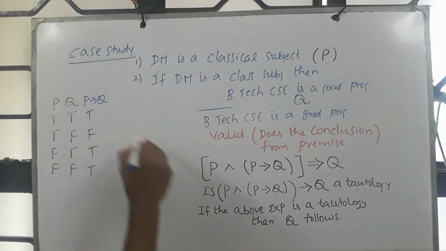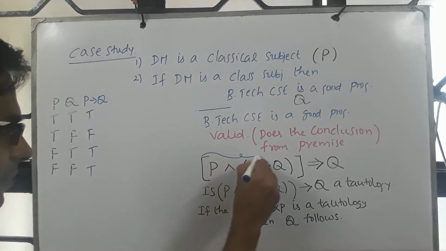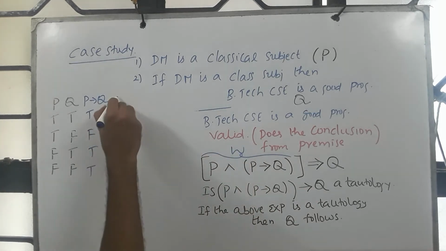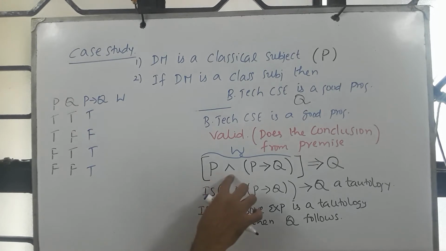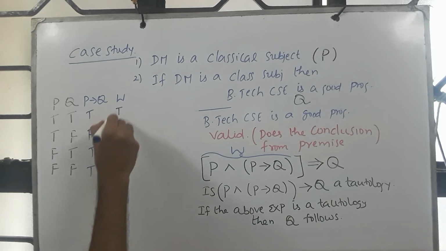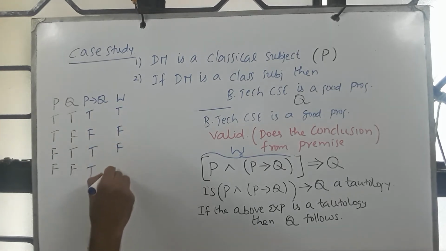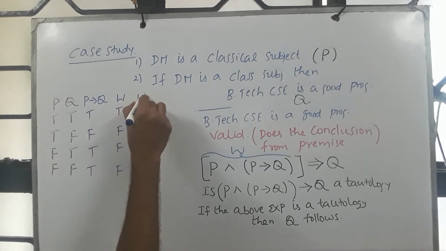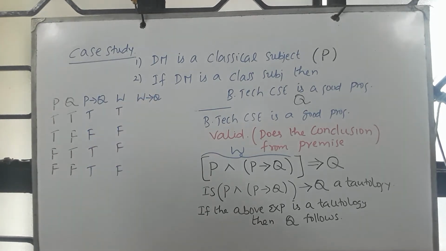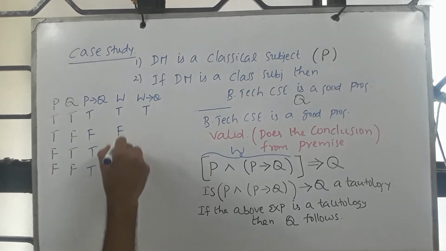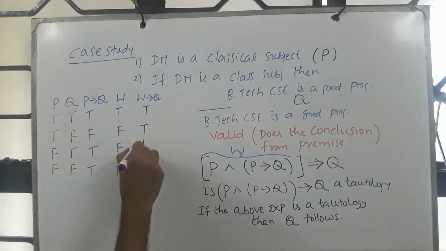Then we look at this expression, P and P implies Q, let me call it W. So W is true, false, false, false. Now I wish to know W implies Q, correct? This is my W, this is my Q. True, true is true. When the premise is false, the statement is true.